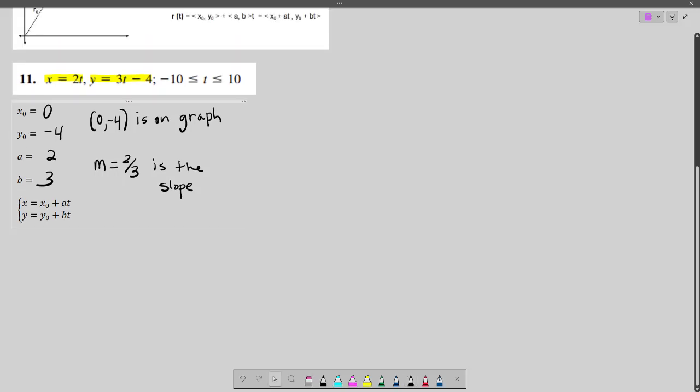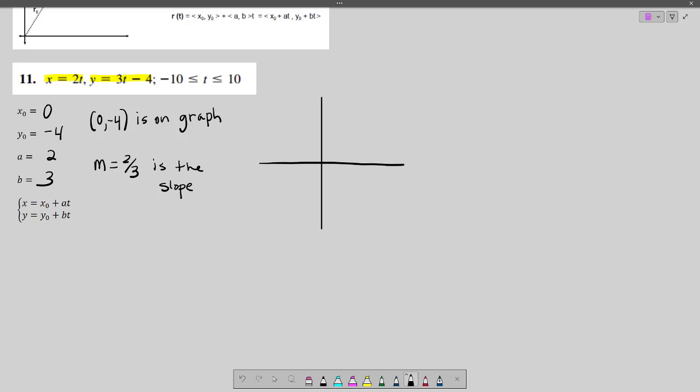All right, so now we can graph it pretty easily. We know that we have a point on the graph, 0, -4. So we are down here, 0, -4. And then the slope is 2/3, so we're going to go up 2 and over 3. That's going to give us another point.